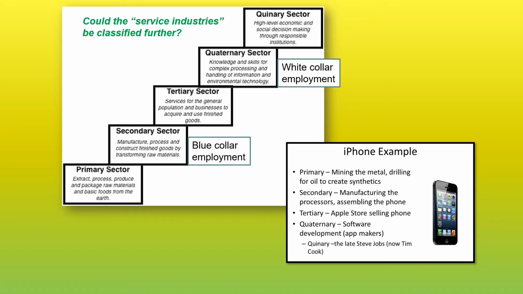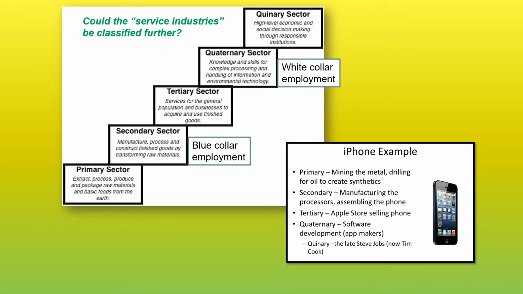The secondary part of it would be manufacturing the processors, then putting it all together, assembling the phone. And then the tertiary sector of the economy, that would be when you go to the Apple store and they're selling you the phone. So the clerk there is in the tertiary sector.